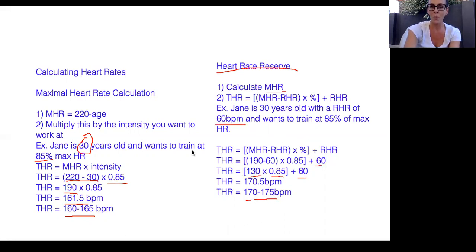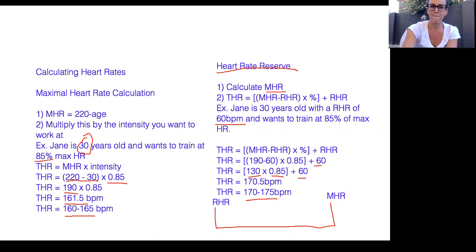Now, the reason why we use the heart rate reserve is I'll draw this for you. Now, it's not going to be the most amazing line, but anyway. Okay, so if this end down here is your resting heart rate, and this end up here is your maximal heart rate.